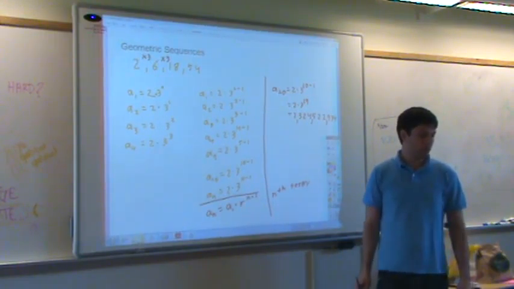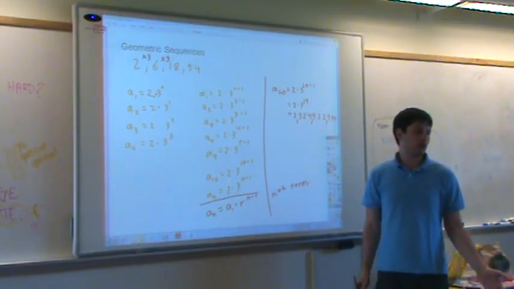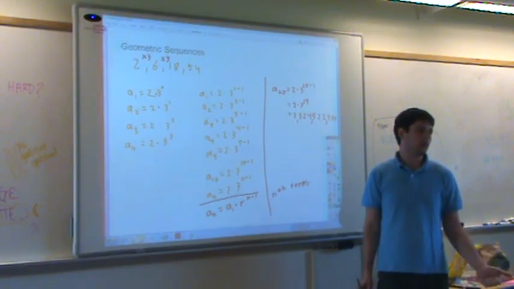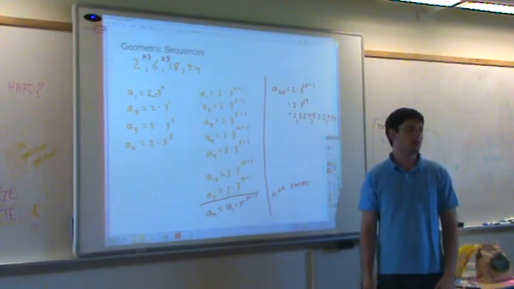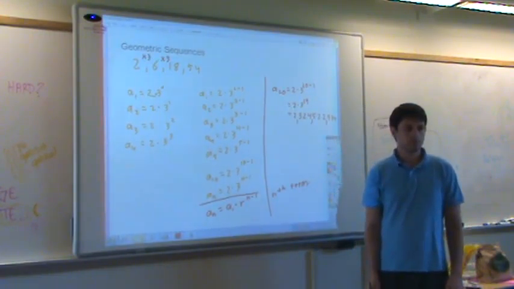If I were writing the question, I'd probably say, is this arithmetic, geometric, or nothing? And then say, if it is arithmetic or geometric, what's the nth term and what's the sum? And if it's nothing, then there's nothing you can do.